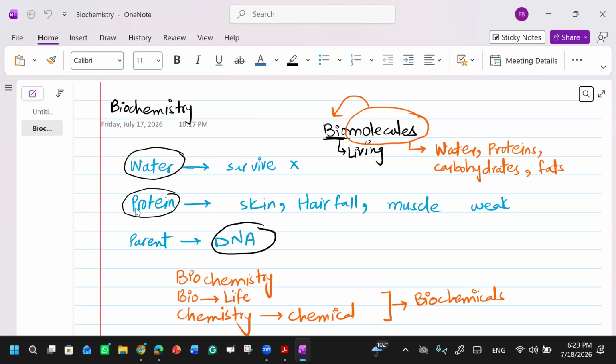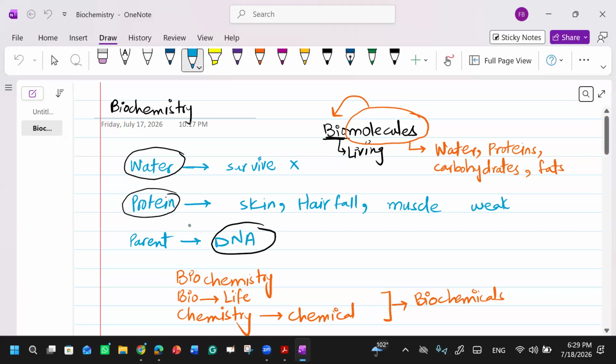You know the function of proteins? What are the functions of proteins? If I remove all the proteins from your body, what will happen? There won't be any energy inside me. I will be feeling weak. Proteins don't provide us instant energy, but proteins are important for our skin growth, for our hair growth.